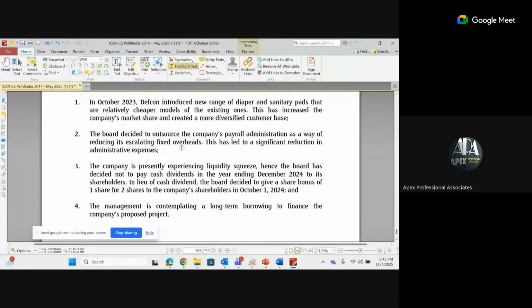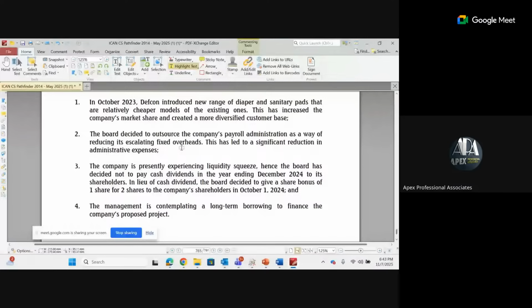Hence, the board has decided not to pay cash dividends in the year ending December 2024 to its shareholders. In lieu of cash dividend, the board decided to give a share bonus of 1 share for 2 shares to the company's shareholders on October 1, 2024. That's bonus issue.